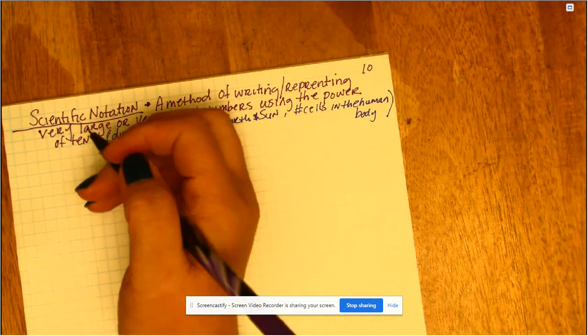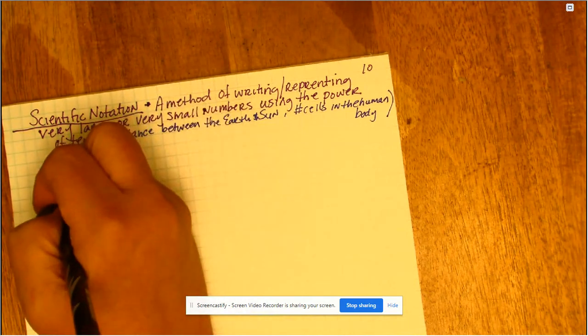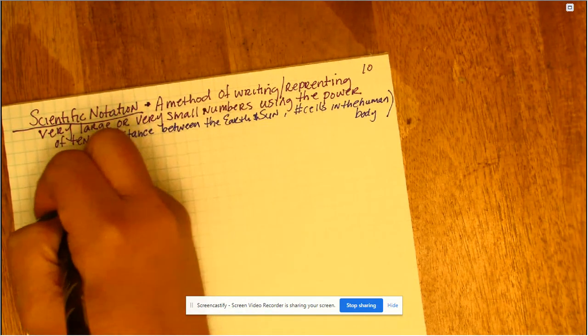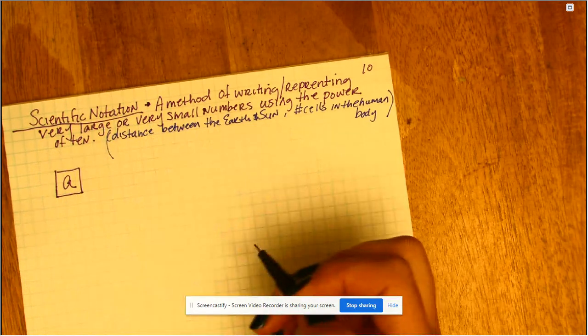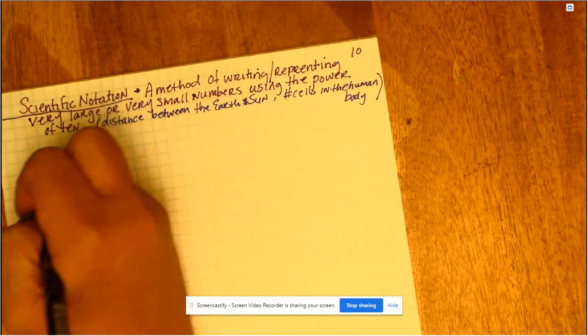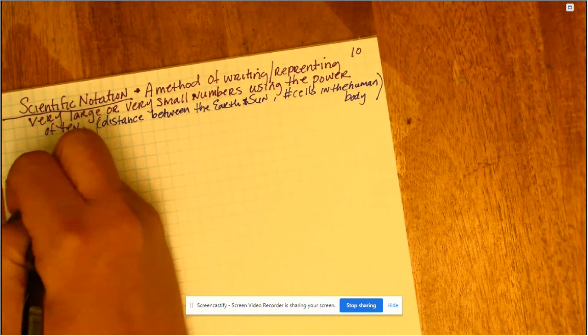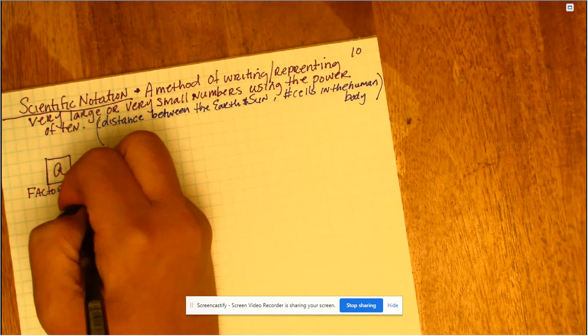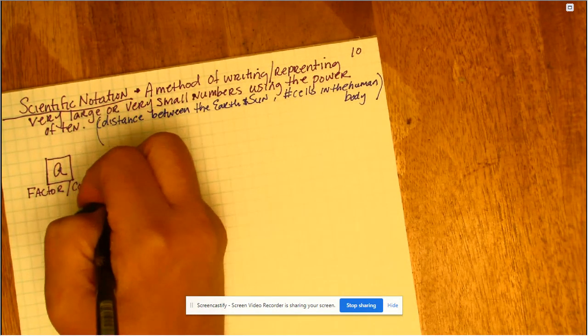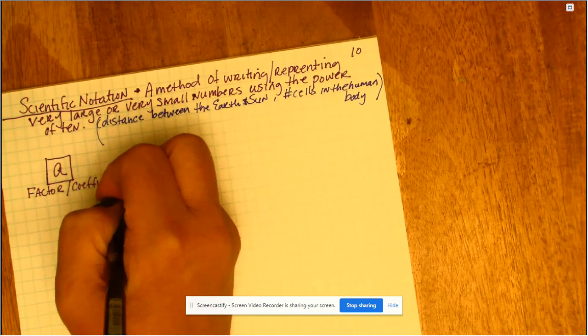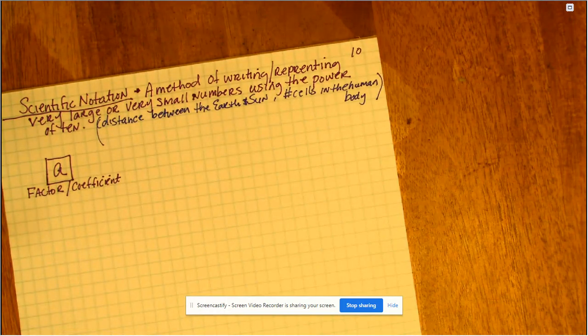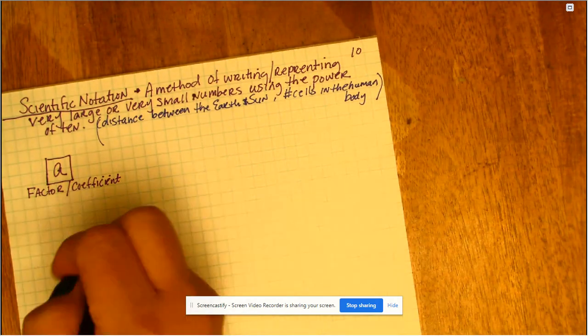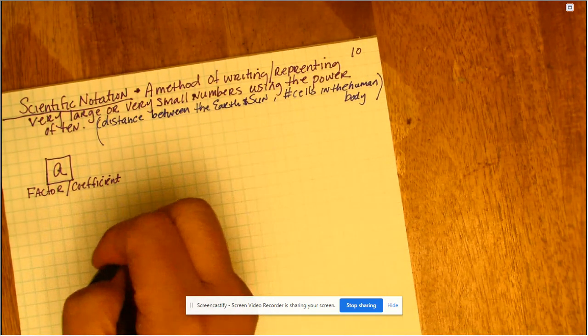Well, we're going to have A, and this is going to be our factor or coefficient. Some people like to call that. It's not officially a coefficient because it's not with a variable, but it is always going to be with a base 10. And there's special rules for this factor or coefficient.